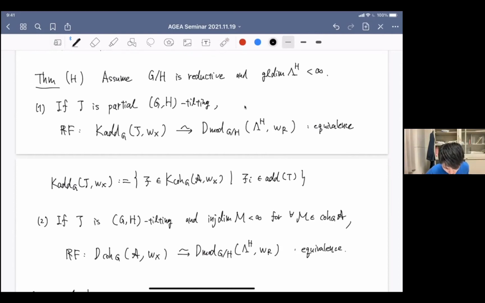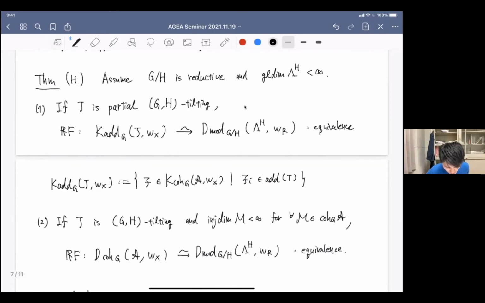So this is the main result, and this is a generalization of the classical result, which appeared earlier in this talk.